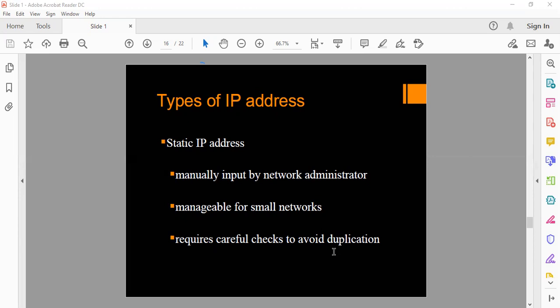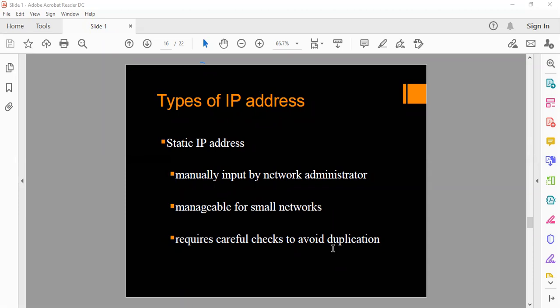Suppose you assign an IP address today, and then you have a weekend, two days off, Saturday and Sunday. On Monday you join your network again and assign an IP address, and you don't remember which IP address you assigned to that system. Maybe in the static case you will assign that IP address to another device. You will create a duplication. This is the main drawback of static IP addressing.